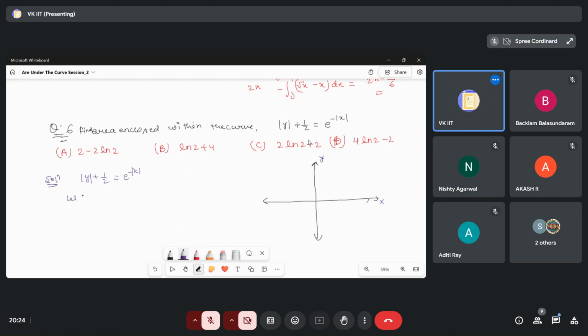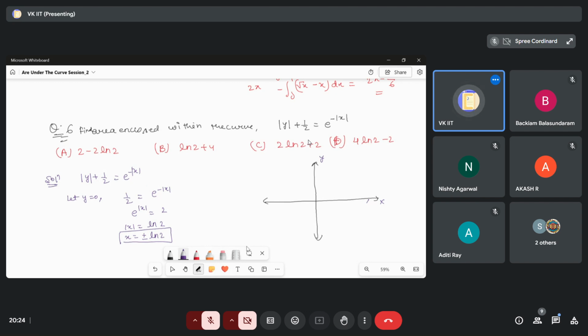If y is 0, then 1 by 2 is equal to e to the power minus mod x, or can I say e to the power mod x is equal to 2? So mod x will be equal to ln 2. It means x will be equal to plus minus ln 2. Are you getting this point, everyone?